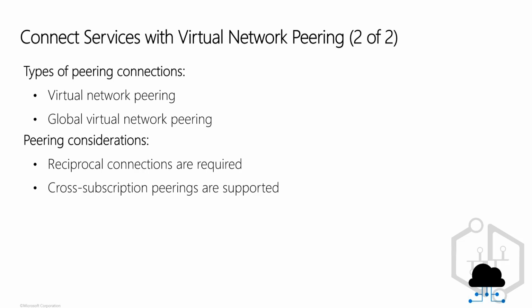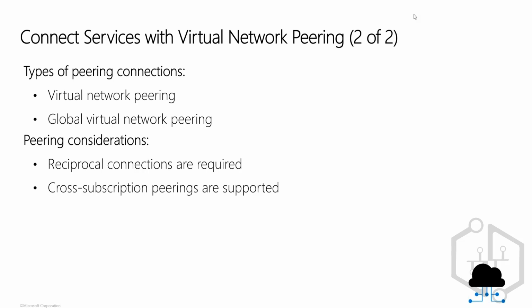Now this can also be done across subscriptions. VNet peering can also be done across subscriptions. It is not essential that both these VNets should be in the same subscription. Correct? Now the question here is, when it is across subscriptions, is there a security concern?